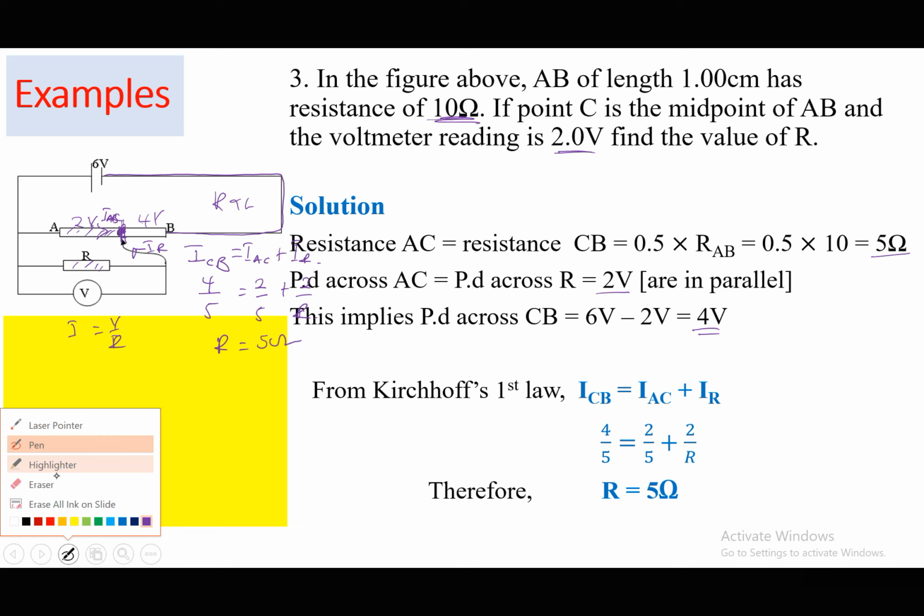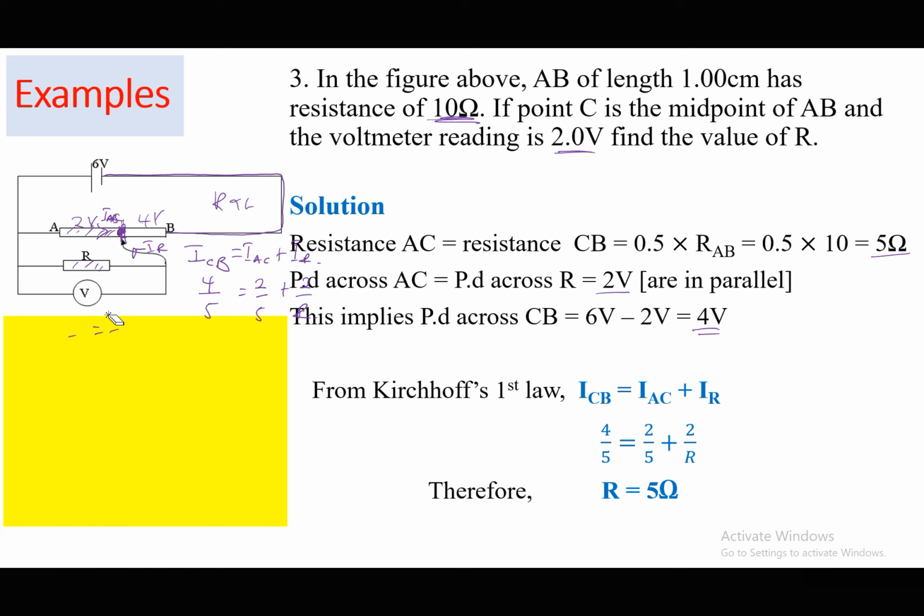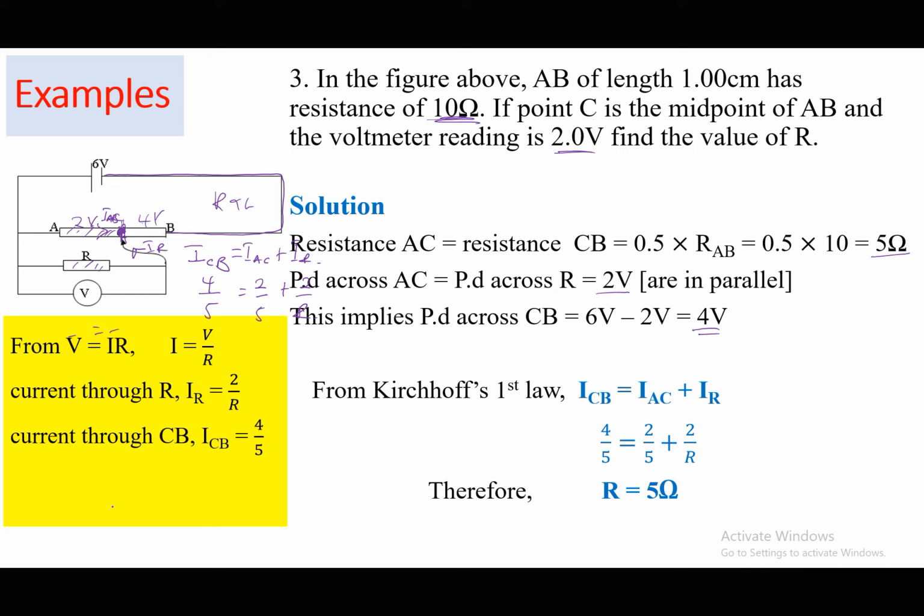Alternatively, from Ohm's law, that is from V equals IR, I is V over R. That one you should note very carefully. That's why I say that the current from R is 2 over R, and the current through I_CB is 4 over 5, where 4 is the PD across CB and 5 is the resistance of CB.